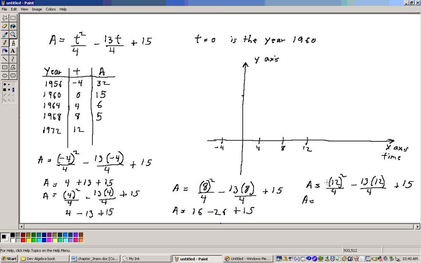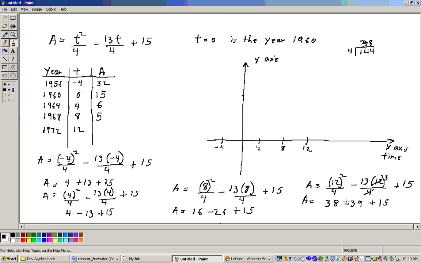Well, 12 squared is 144, and 144 divided by 4 is 36. 4 goes into the 12 3 times, so that's minus 39, then plus 15.